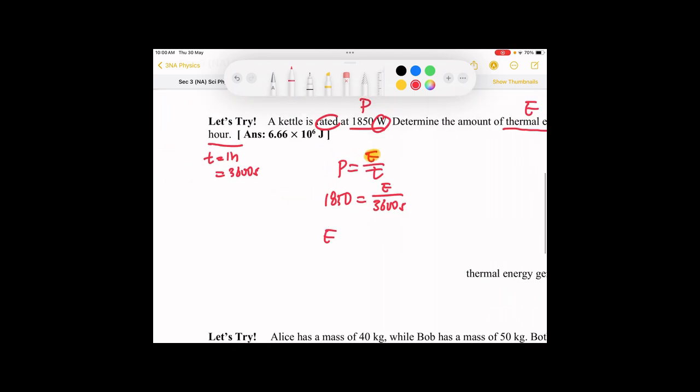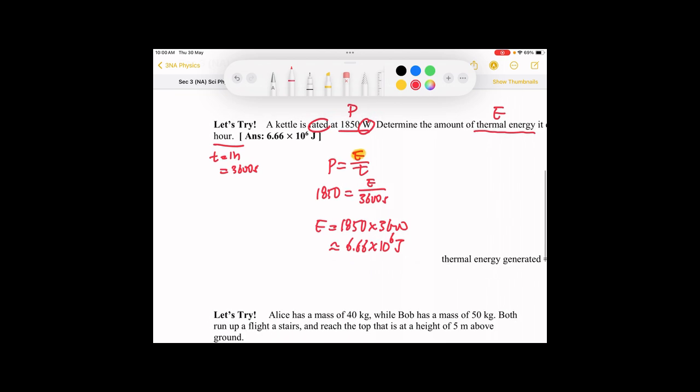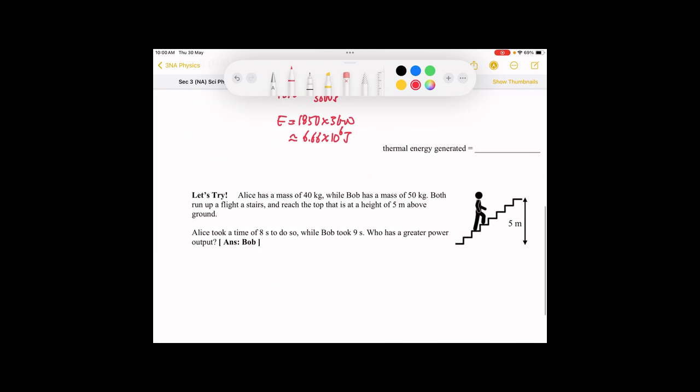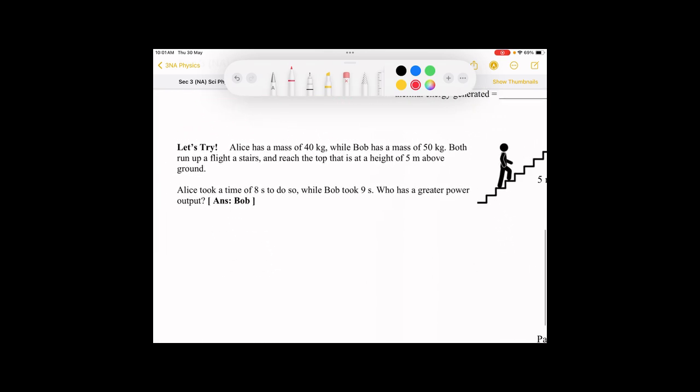Okay, when you multiply them, you should get approximately this amount. So this is the amount of energy in the internal store that it can output by the kettle. And we come to the last question.